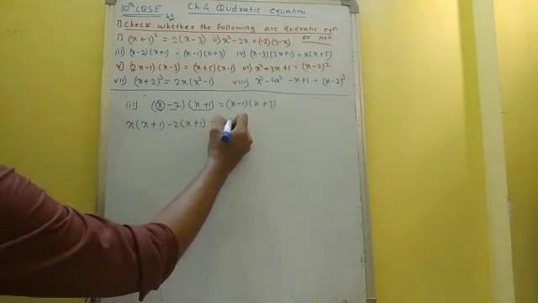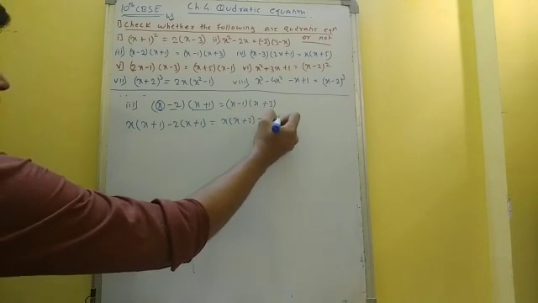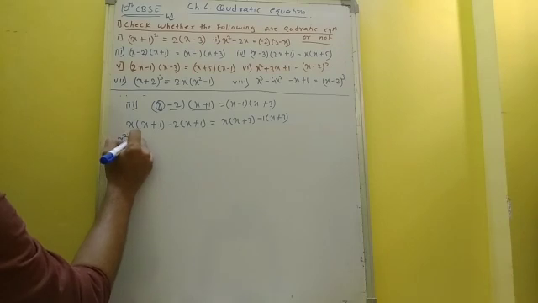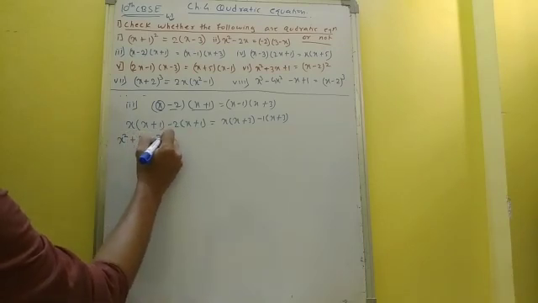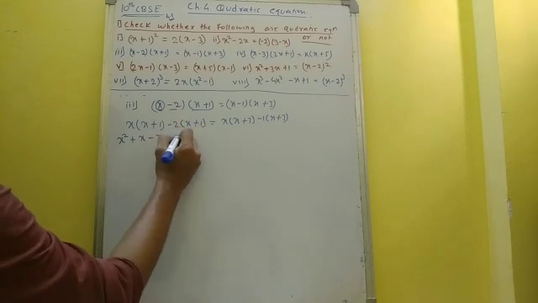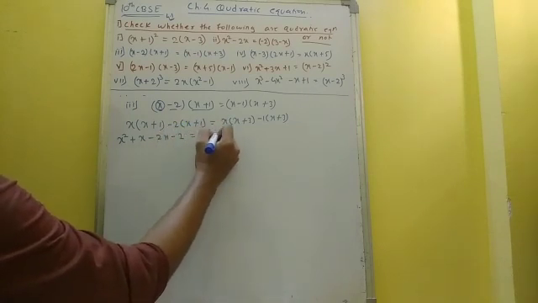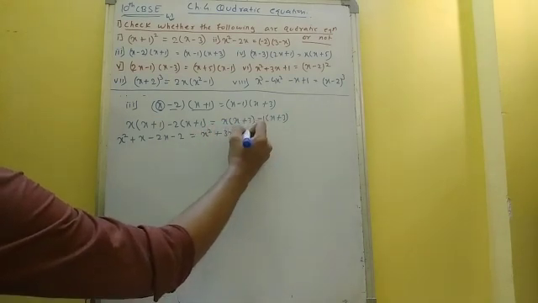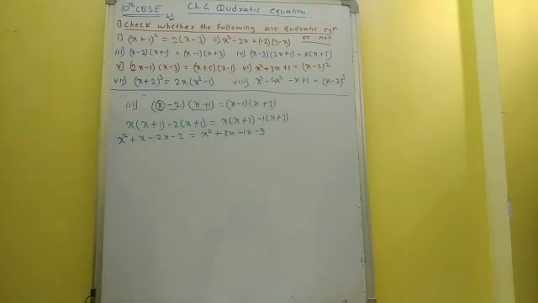Here also x multiplied by the whole bracket, minus 1 multiplied by the whole bracket. So x into x is x square, x into 1 is x, minus 2 into x is minus 2x, minus 2 into 1 is minus 2, is equal to x into x is x square, x into 3 is 3x, minus 1 into x is minus x, minus 1 into 3 is minus 3.